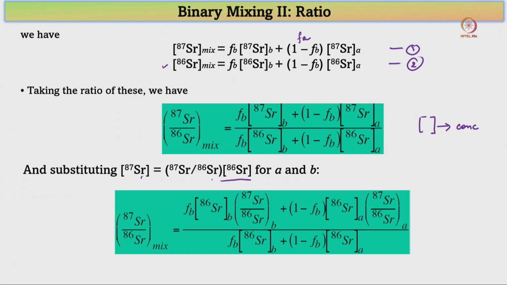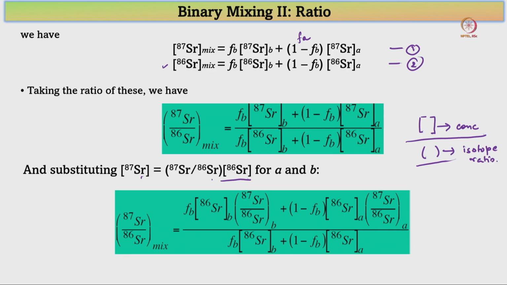When I am using the curved bracket, then it means the isotope ratio. So, square brackets are always used for concentration and round brackets are always used for isotope ratio.